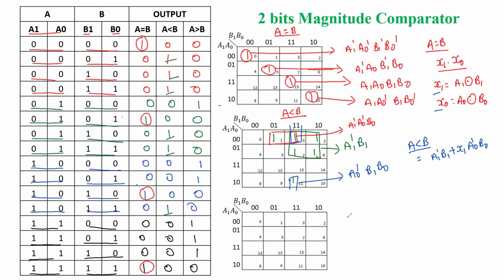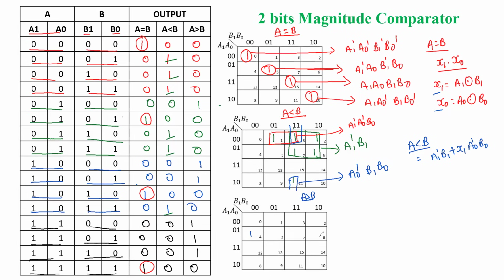Similarly, if we go for this third K-map, that will be A greater than B. Again, we have to simplify the function by writing all the min terms, whatever min terms are given here, like 0, 1, 0, 0, 0, 1, 0, 0. For that, this term we are going to get as 1.